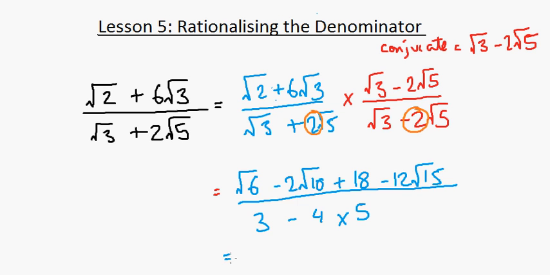So let's write this. This is dangerous. So we have root 6, and then we have, so now it's root 6 minus, okay, wait, let's divide this. Can't do my lines.